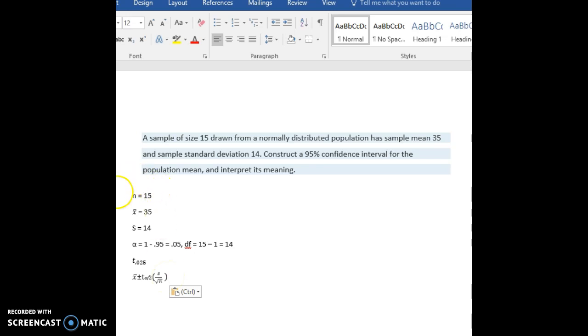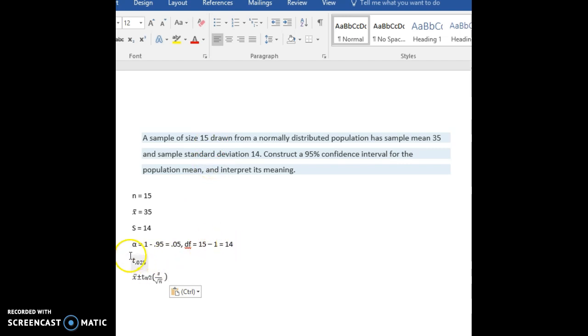All right, so we identify a few things. n is 15, our sample mean is 35, and our sample standard deviation is 14. Alpha is 1 minus our confidence level, which gives us 0.05. And for this chart, we have to find the degrees of freedom, which is the number in our sample minus 1, 15 minus 1, or 14.